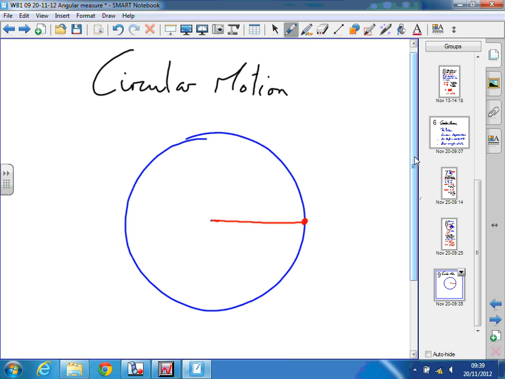First of all, the rate at which this point is moving around the circle in an anti-clockwise direction is given by its angular velocity, omega. We use this Greek letter omega to represent angular velocity. It looks a bit like a W, but it's curly.